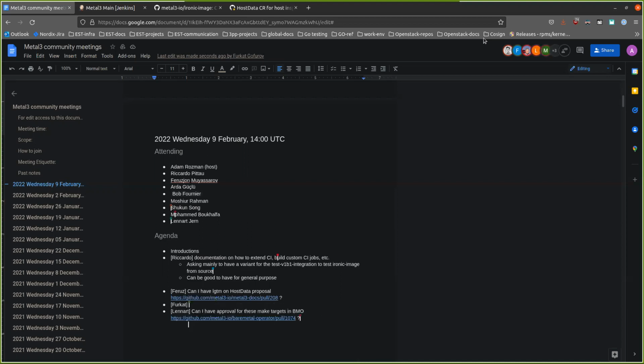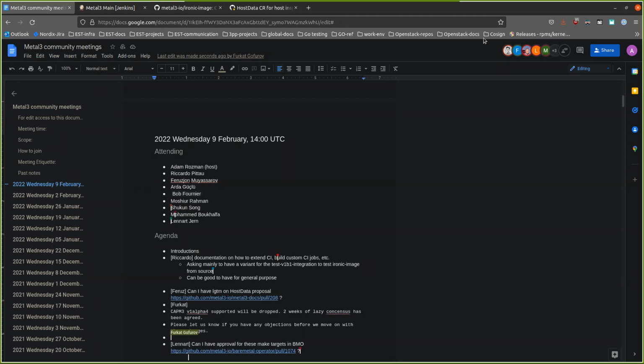I haven't had the time to look at anything related to the CI yet, but I was looking around and I failed to find any documentation whatsoever about how to do this kind of customization, although we are using some variants for CI jobs, for example, the variant running on CentOS.